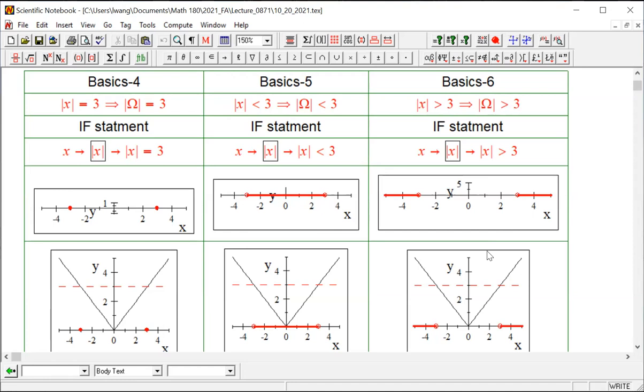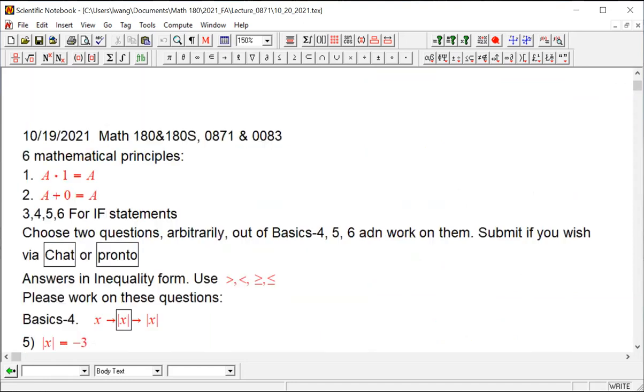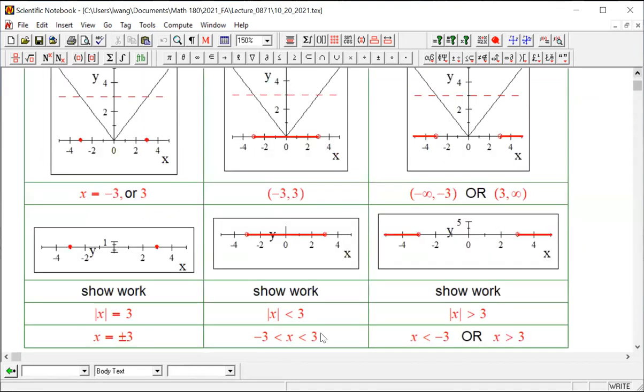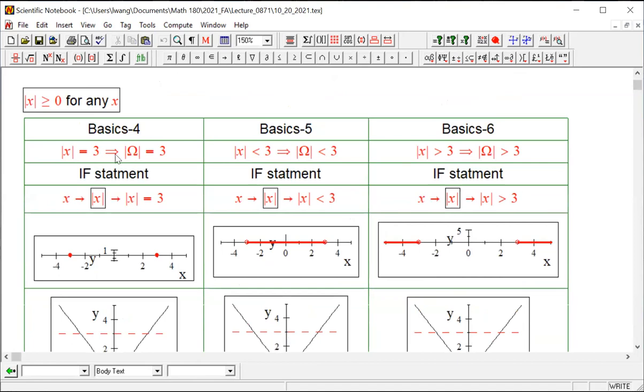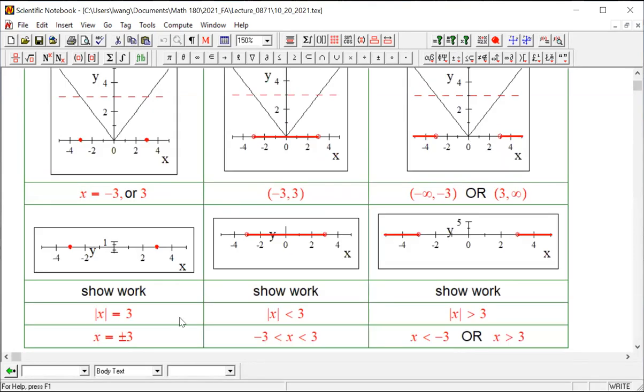With that said and done, you work with the inequalities, right? That's how to show the work. We also have a similar scenario that turns into baloney, and that turns into baloney. You guys understand what I'm talking about, right?